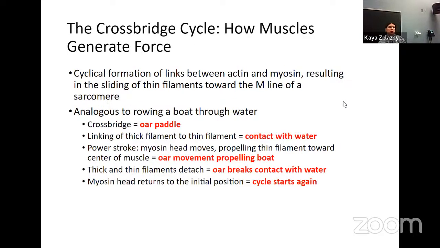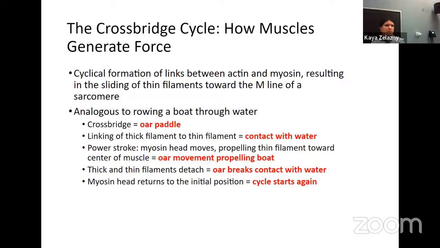Okay. So when we have the cross bridge cycle, we're pulling our thin filaments in towards the center. So we're pulling actin in towards the center of our sarcomere. The way we're doing that is our heads on the myosin are grabbing onto it and dragging it, sliding those thin filaments past. Okay.